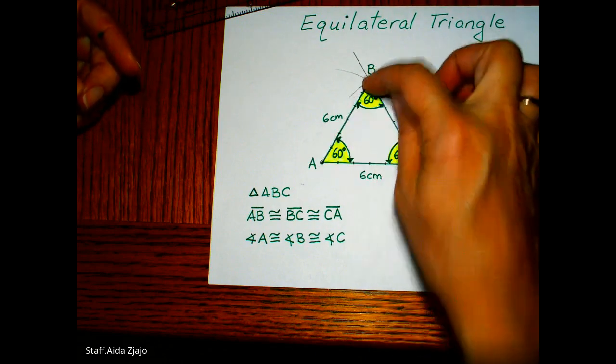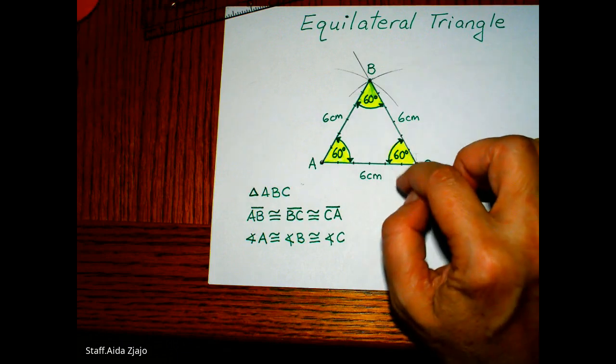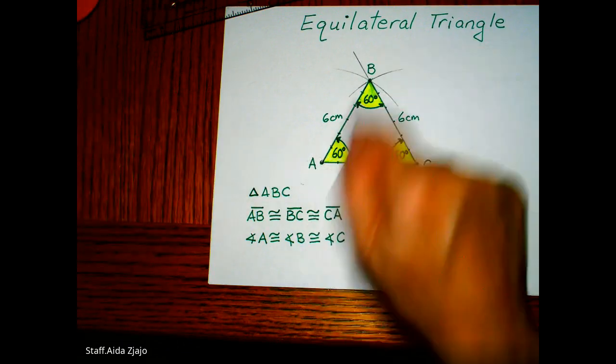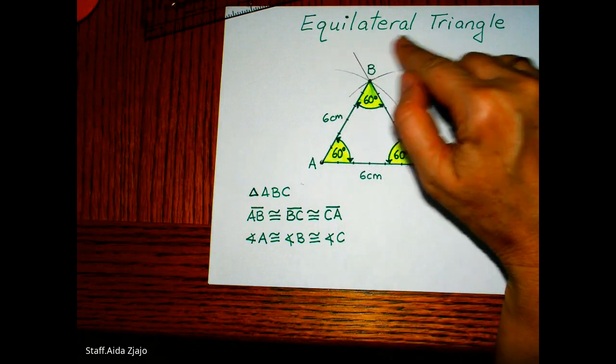This one gets named from same sides, or congruent sides, and that's what is called an equilateral triangle.